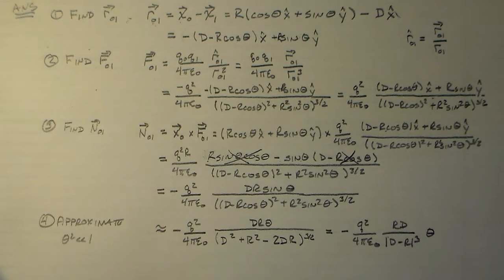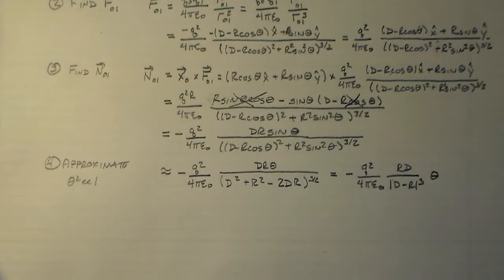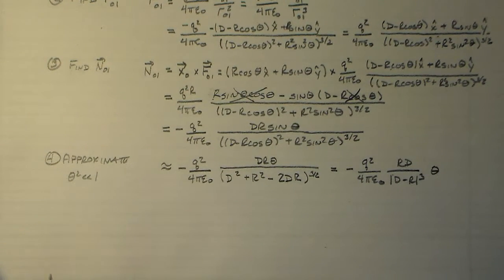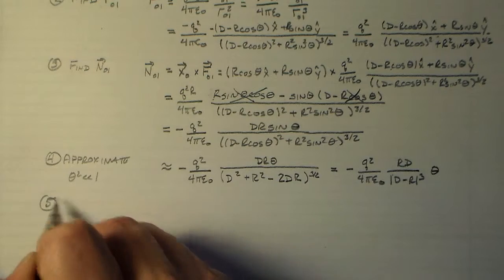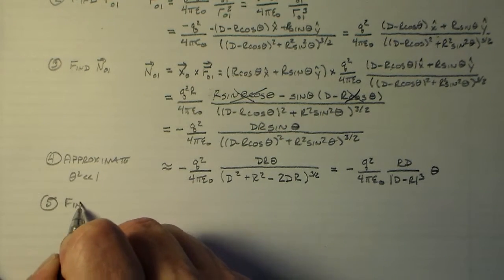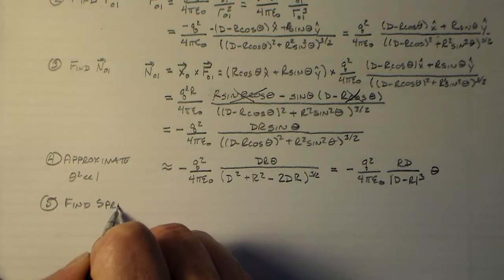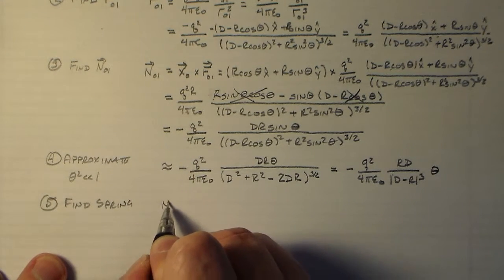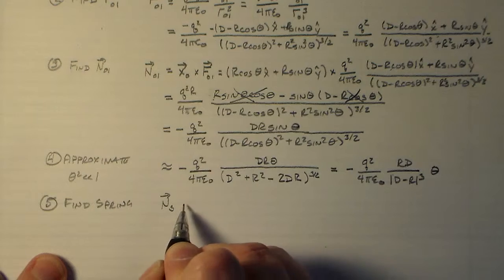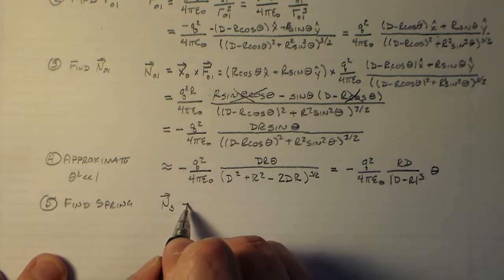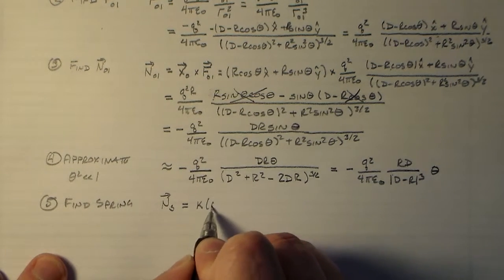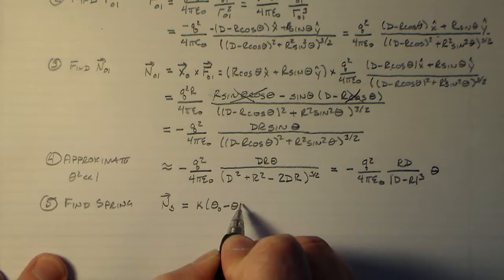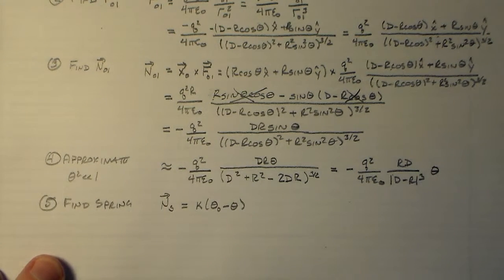Okay, we're cruising along. Let's see, what else do we want to do? We want to find the spring torque. That's pretty simple. That's kappa times theta naught minus theta, just like I talked about in class.